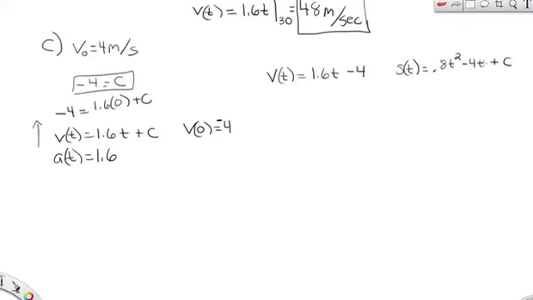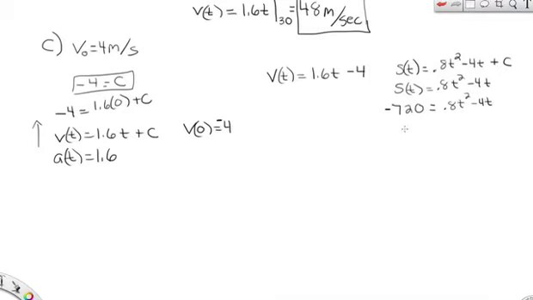So once again, if I plug in a time 0 and a position of 0, I see that c is 0. So my position equation should be 0.8 t squared minus 4t. And now I want to know how long is it going to take to reach 720. And again, that's going to be -720 because I want to reach the position that's down at the bottom of the crevice.